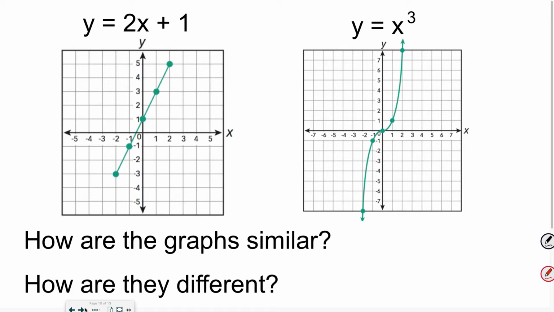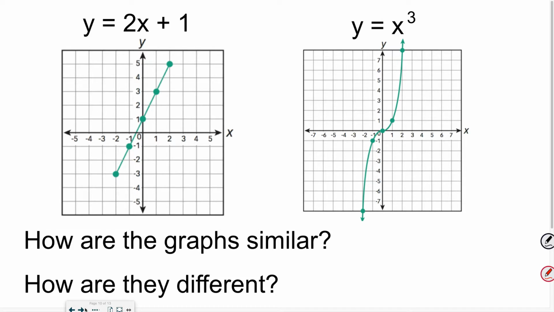So how are these graphs different? Both are mainly in the second quadrant, I think, and the third or fourth. First. Yeah, the first quadrant, the top right. Okay, but primarily first and third quadrant.